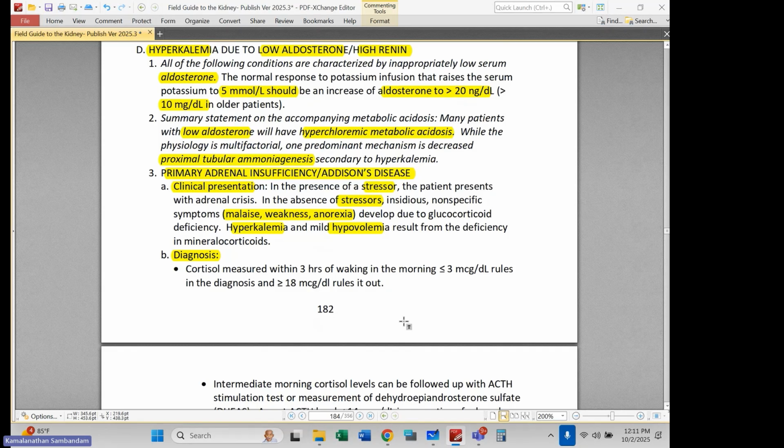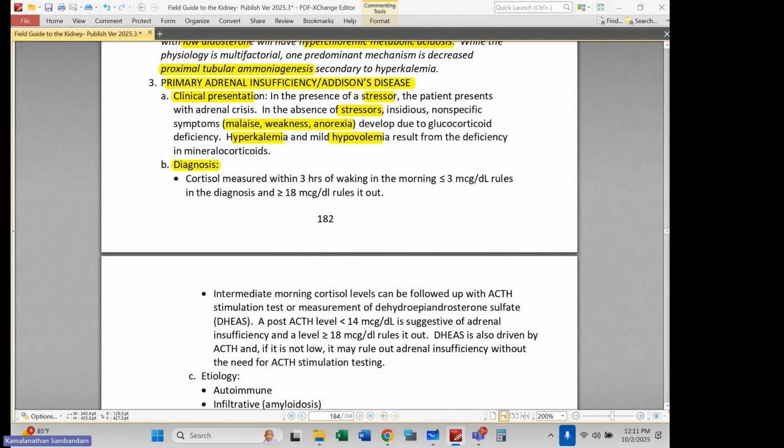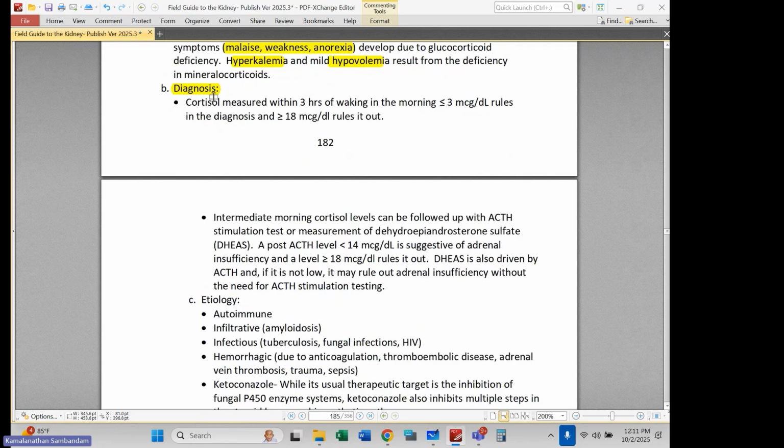Okay. Now, the non-specific symptoms of unwell being would be from the glucocorticoid deficiency, obviously the electrolyte abnormalities, and potentially some signs of volume depletion are a result of the mineralocorticoid deficiency.